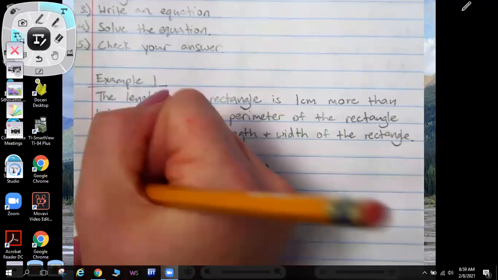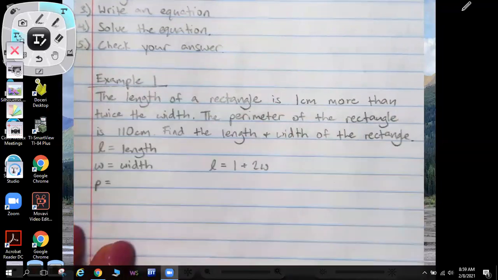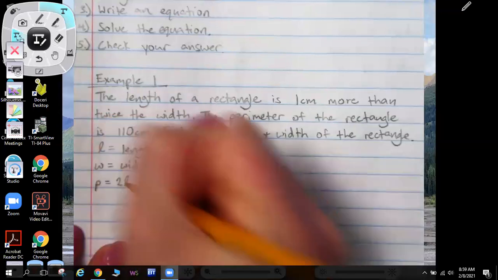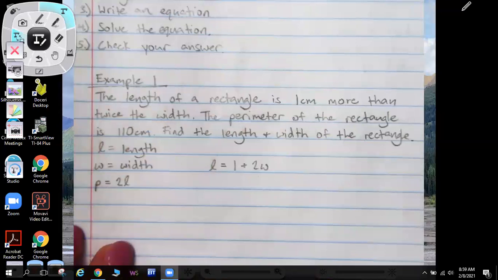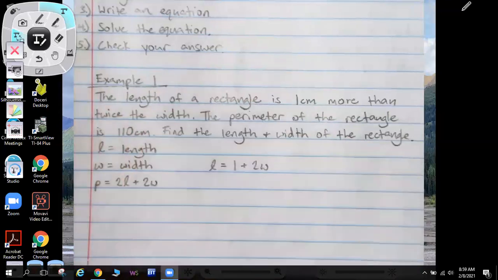So how can we get the perimeter, we'll call that P, using length and width? If it's a rectangle, then we've got two sides, that would be called the length, plus two sides, that would be the width. So the perimeter, you're just adding all four sides together, but since it's a rectangle, we know that opposite sides are the same length, have the same measurement.